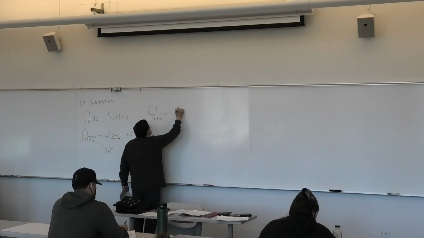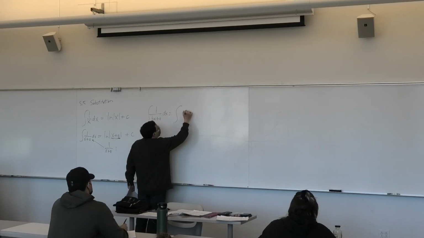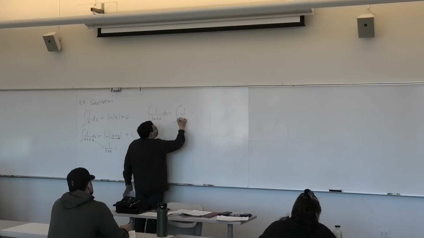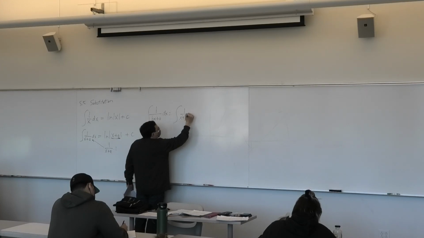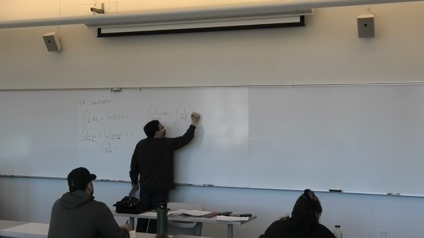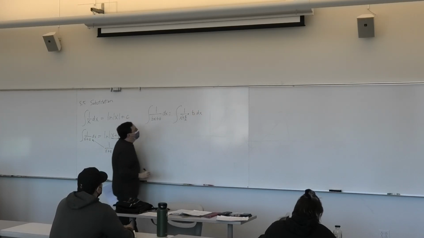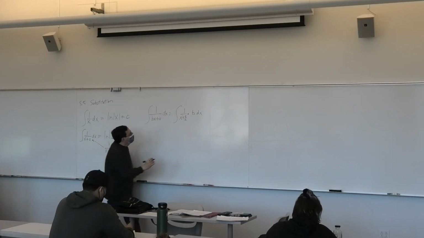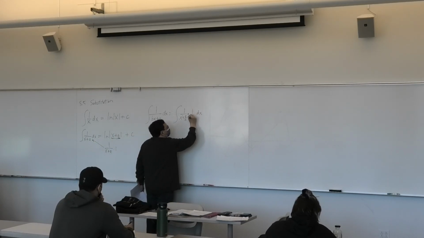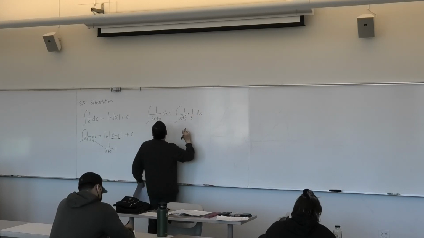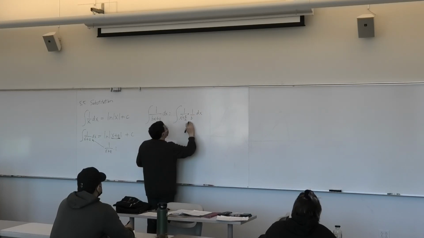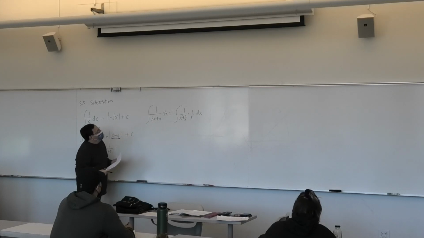Well, this is equal to what? 1 over x plus a over b times b. Is that right? No. 1 over b. No, I'm still not getting it right. Over b. Yes, okay, that's it.